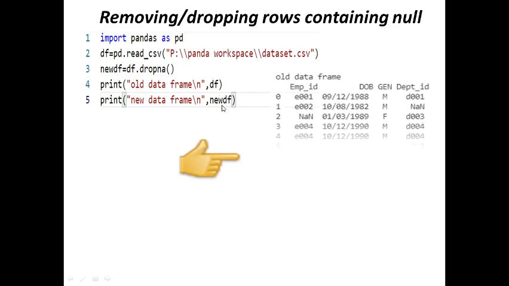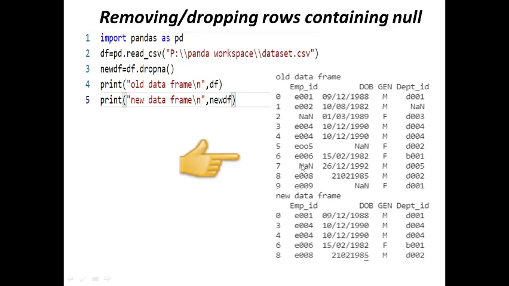When we run this code, output will be, here you can see old data frame contains all rows and new data frame contains only those rows that don't contain null.